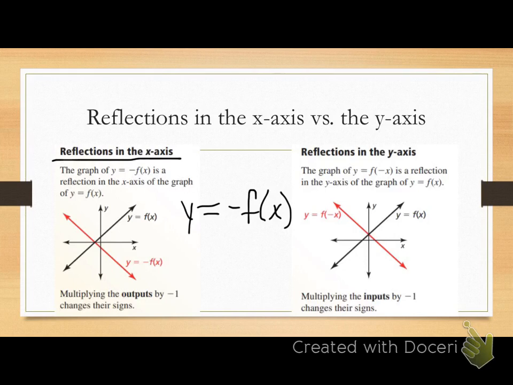So if I have like 2, 3 here, that turns into 2, -3, because I changed the sign of the output. Okay? It's reflecting over my x-axis. Does everyone see that? Everyone have reflection in the x-axis and y equals negative f of x next to each other? So I'm multiplying the whole function by a -1. Okay?